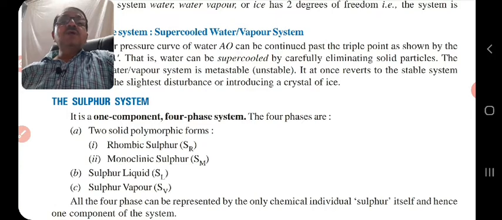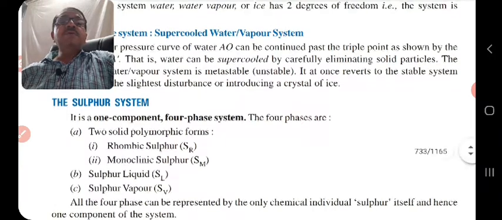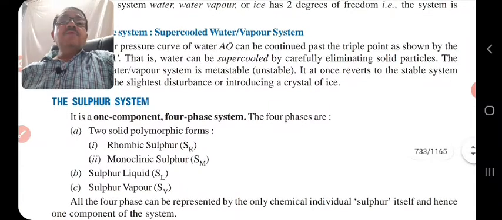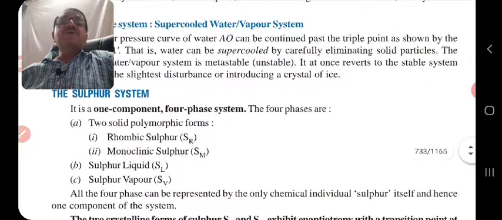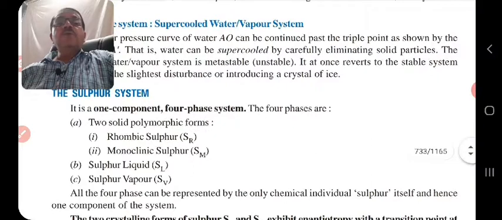So to understand the sulfur system properly, first we have to draw the diagram of this sulfur system. This sulfur system is having one component, four phase system. Here four phases are there of sulfur component.